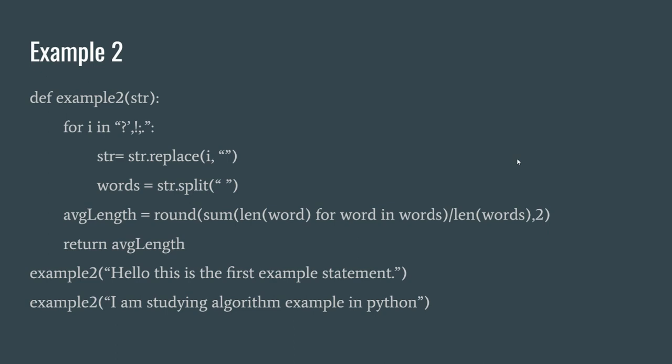What this function is trying to do, that we have to tell, and again we have to print the output. Print the output of the first example statement, example 2, hello, this is the first example statement. For the second statement also we have to print the output. But along with printing the output, we have to tell what this example 2 is doing. What is this function all about?